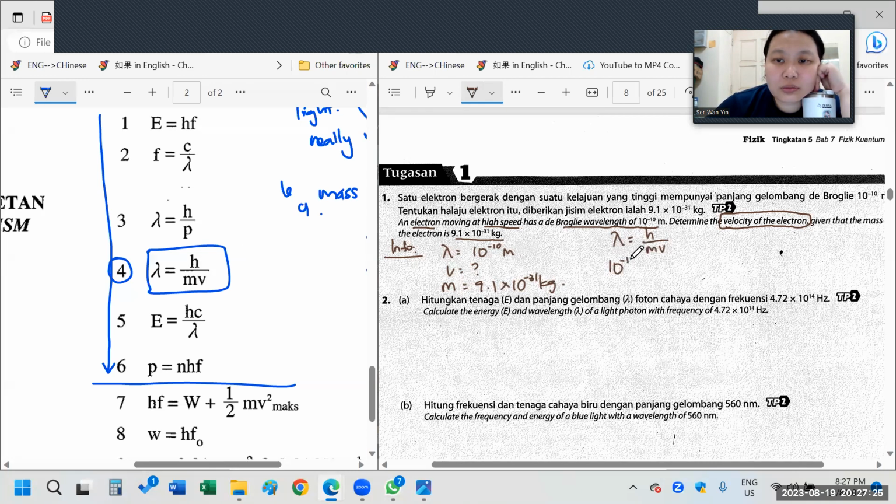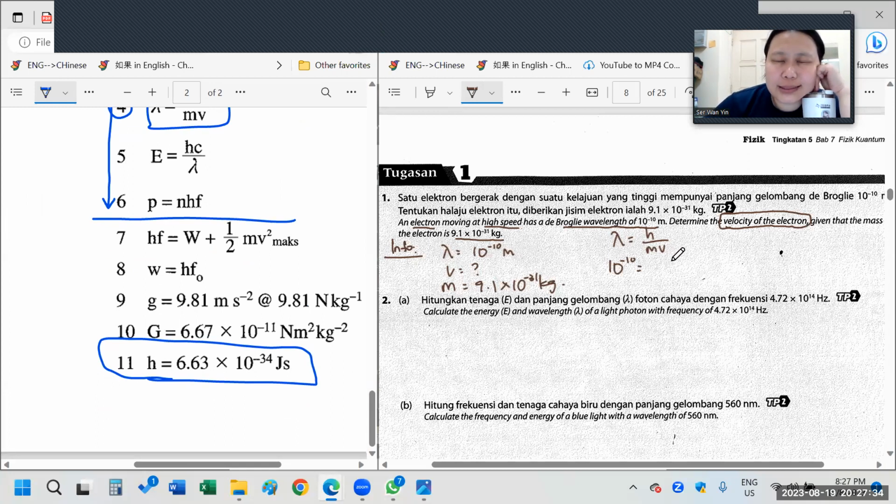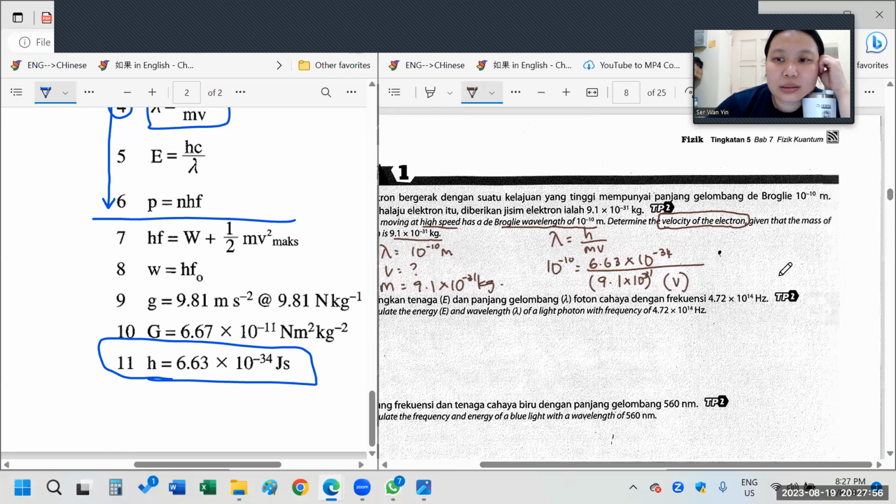So 10 to the power of negative 10 equals H, which is here the Planck constant, 6.63 times 10 to the power of negative 34, divided by the mass 9.1 times 10 to the power of negative 31 times V. Then solve the algebraic formula with the calculator, and you can check the answer yourself.